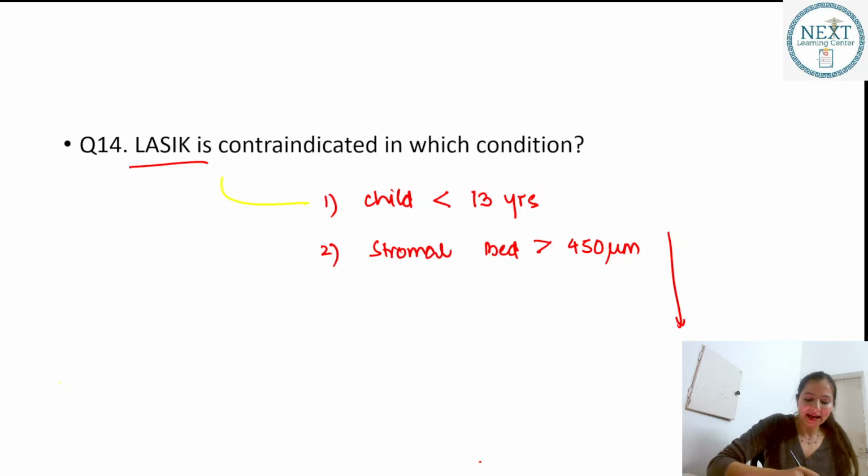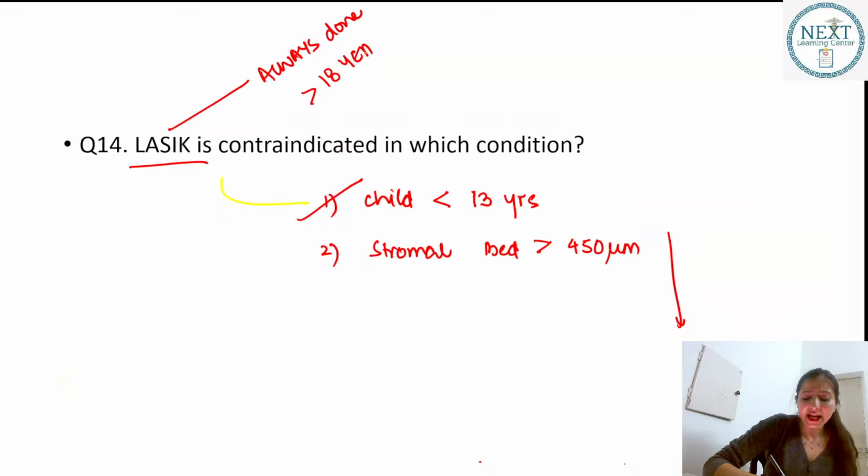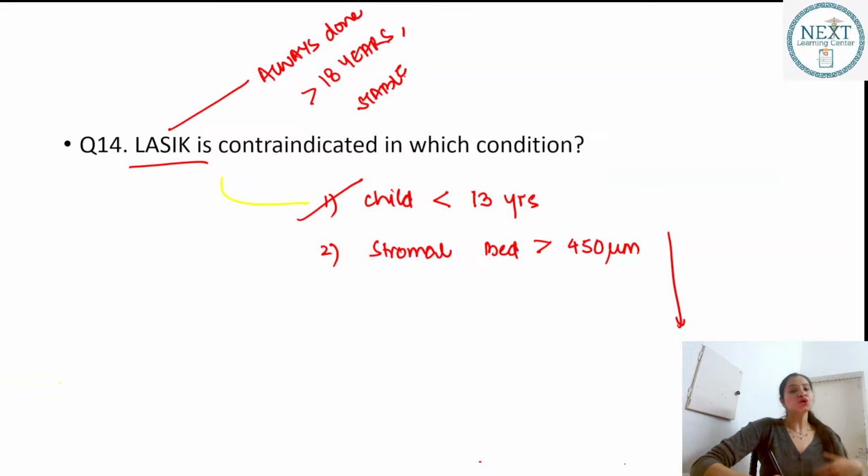So remember the LASIK answer: it is always done in a person who is more than 18 years. Another thing is the number has to be stable. If my number today is minus 2.5, after 2 months it is minus 2.75, then after 3 months it is minus 3, my number is changing, right? If it is not stable, then I am not a fit candidate for LASIK.